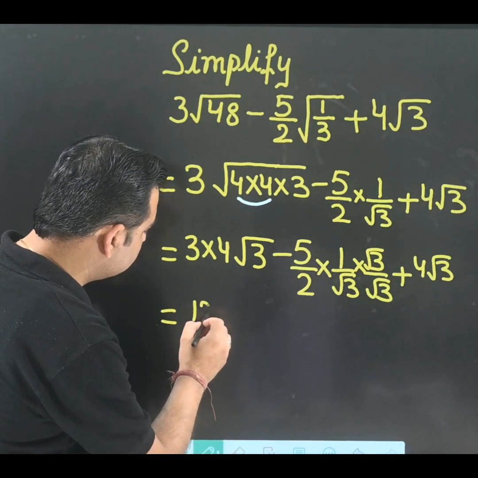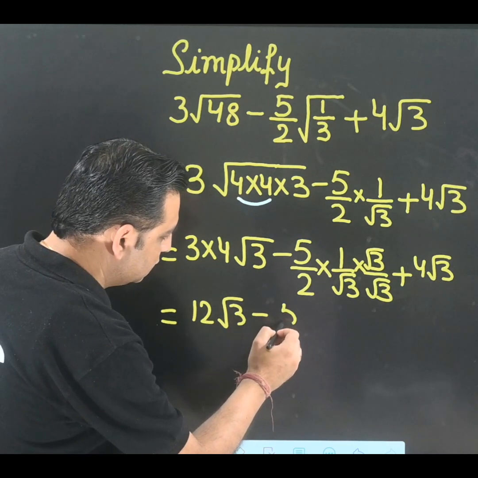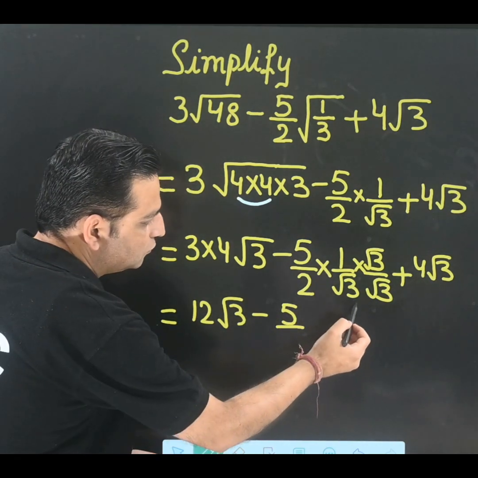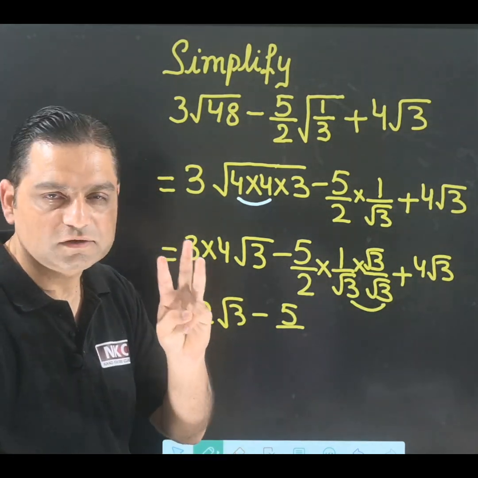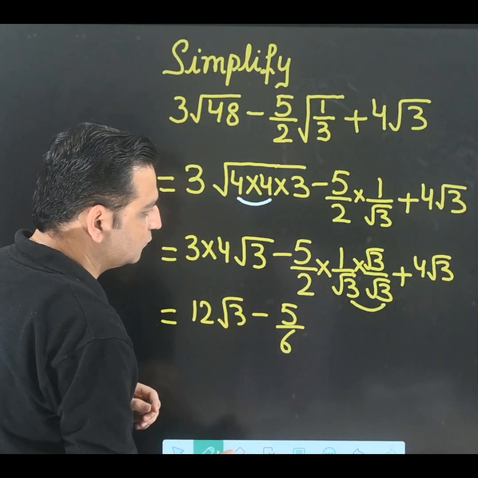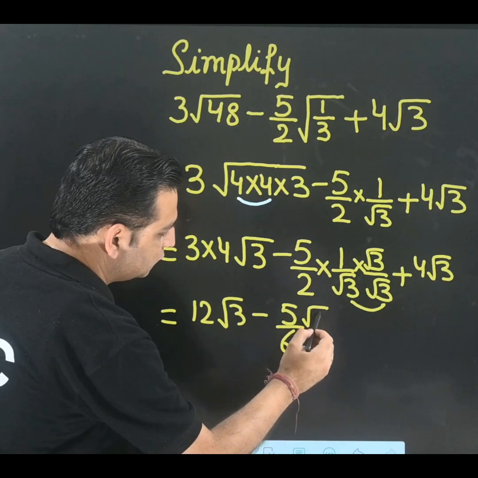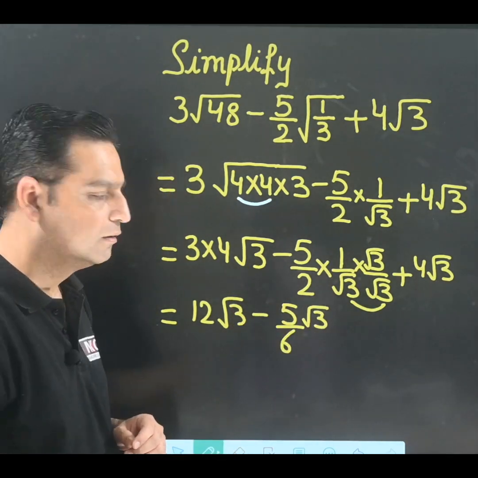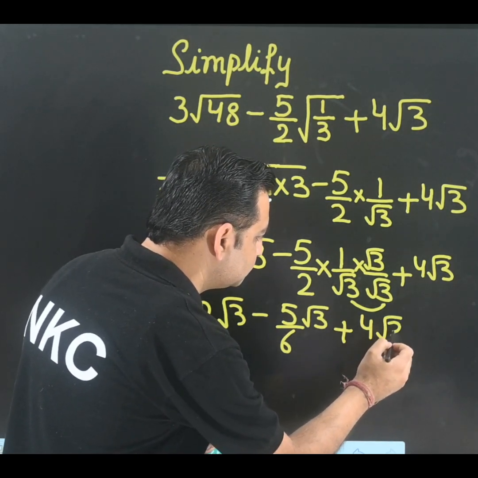4 times 3 is 12 root 3 minus 5 upon, see, root 3 times root 3. Root 3 multiply root 3 is 3 only, and 3 multiplied by 2 is 6, and 1 multiply root 3 is only root 3, and at the end we have 4 root 3.